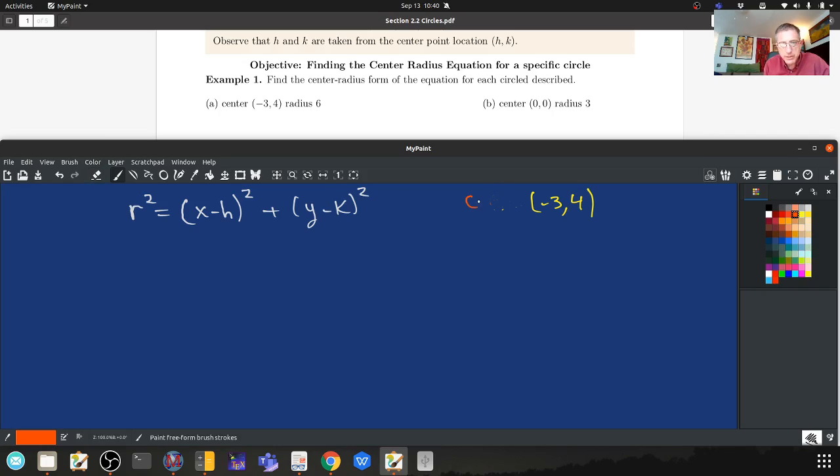This is my center point. How's that? That's better. So my value of h is equal to minus 3 and k is equal to 4. So I just come back over here and my radius given is 6.